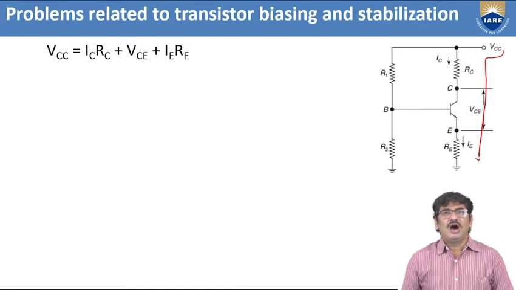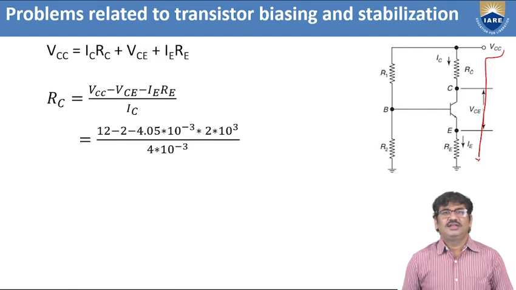So we can write RC is equivalent to VCC minus VCE minus IE into RE divided by IC. Upon substituting the values as 12, VCE is 2 volts, IE is 4.05 milliamperes, RE is equivalent to 2 kilo ohms, and IC is equivalent to 4 milliamperes. We will get the collector resistance RC is equivalent to 475 ohms.